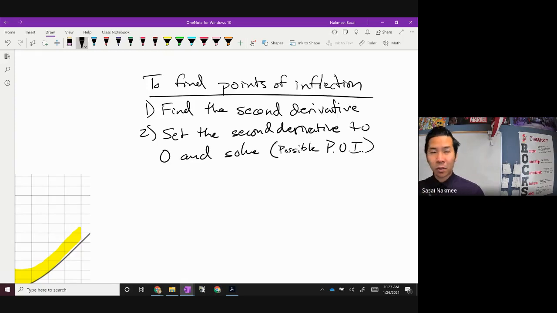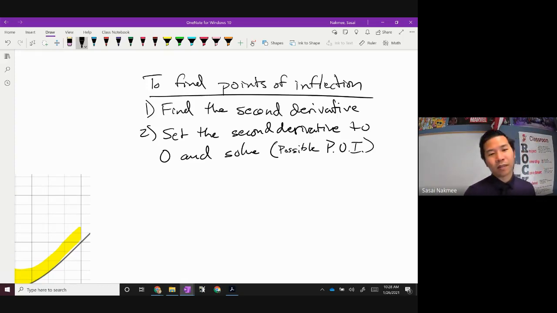For the second derivative test, just because you find the answer, it's not a guaranteed point of inflection. It's only a point of inflection if the sign changes around it, from positive to negative or negative to positive. What we're finding when we solve is a possible point of inflection.